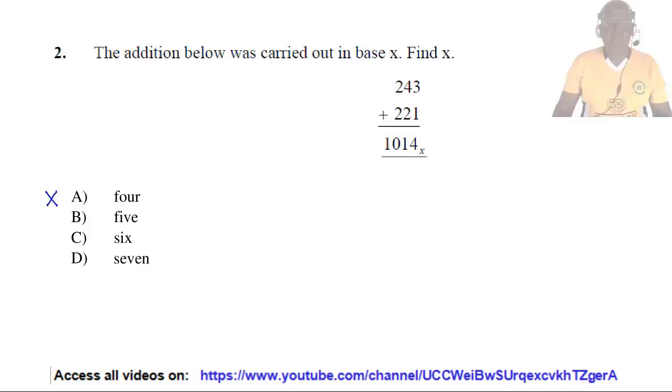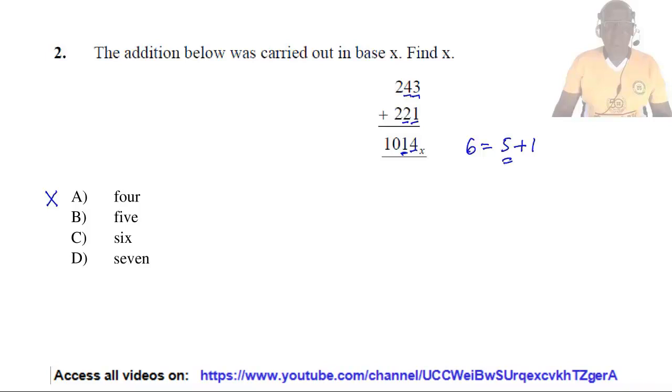3 plus 1 equals 4. 4 plus 2 equals 6. In base 5, the highest digit can be 4. So we shall write 6 as 5 plus 1 and put down 1 over here.